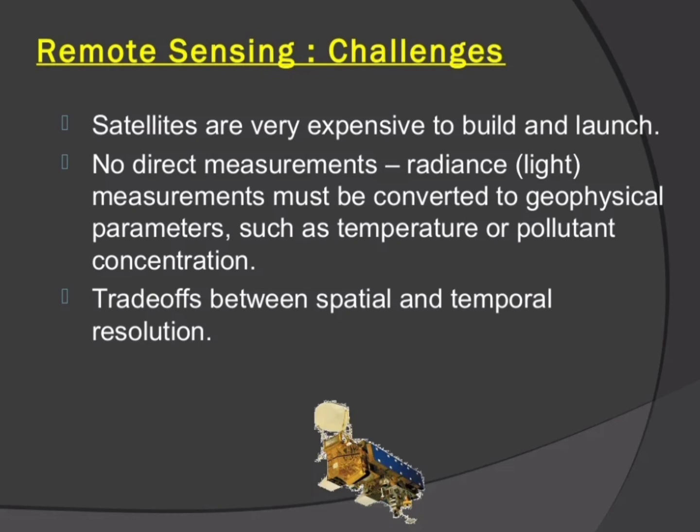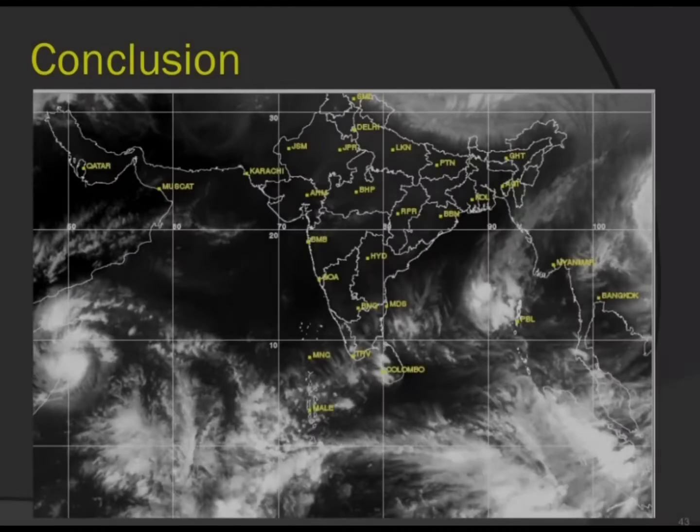Satellites are very expensive to build and launch, there are no direct measurements, radiance measurements must be converted to geophysical parameters such as temperature or pollutant concentration, and there are trade-offs between spatial and temporal resolutions.